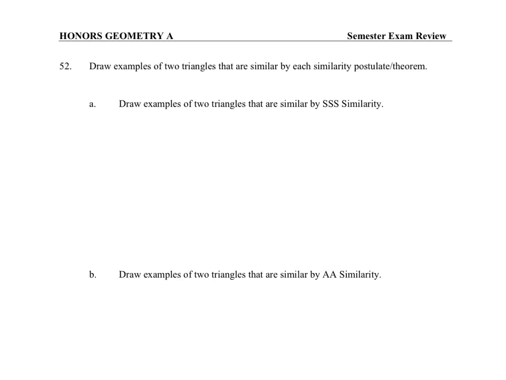So part A wants us to draw examples of two triangles that are similar by SSS similarity. So it really doesn't matter what your triangles look like. Here are my beautiful triangles. And all I need to know is that my triangles are similar by side, side, side, meaning all of my sides have to be proportional by a certain scale factor.